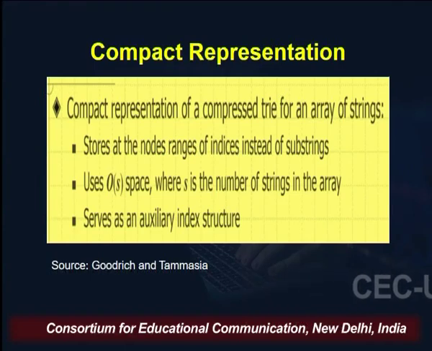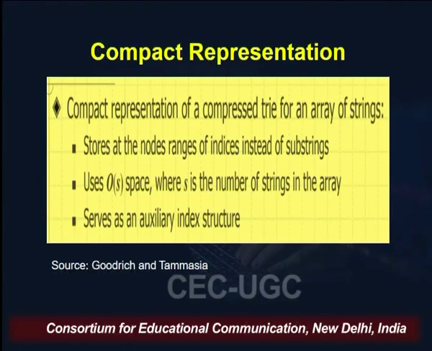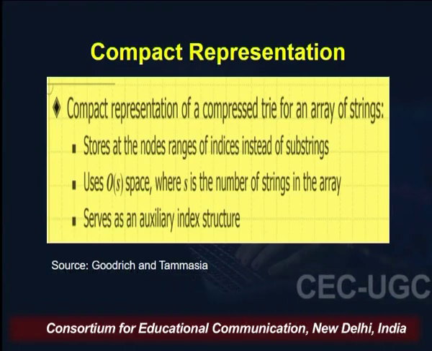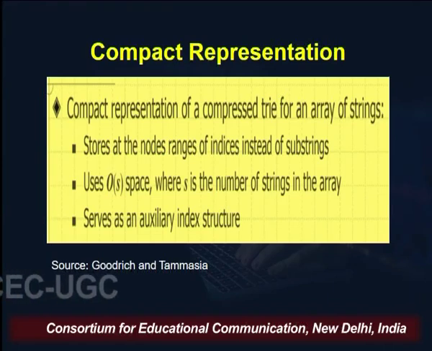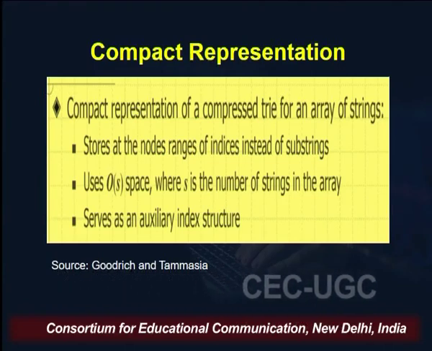So, compact representation of this trie will help us in representation of an array of strings, which stores the node ranges of indices instead of substring. I will be showing you this compact representation on the very next screen.